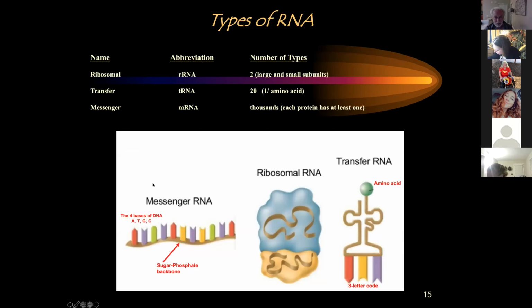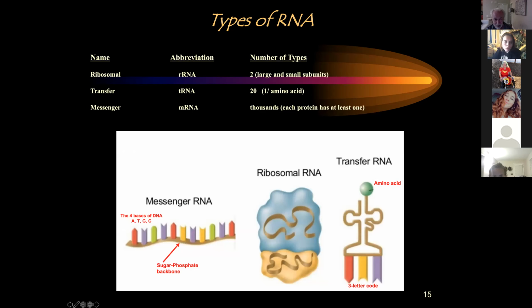How many types of RNA are there? 3 that we'll talk about right now. Talk about another one later. Ribosomal RNA, abbreviated as rRNA. There are 2 types, a large subunit and a small subunit. Transfer RNA, tRNA. There are 20 of those, 1 for each of the amino acids.